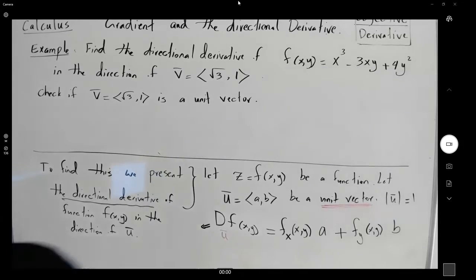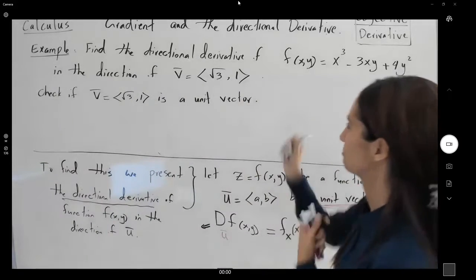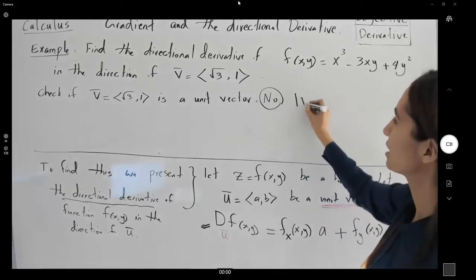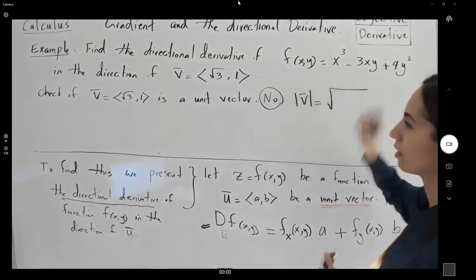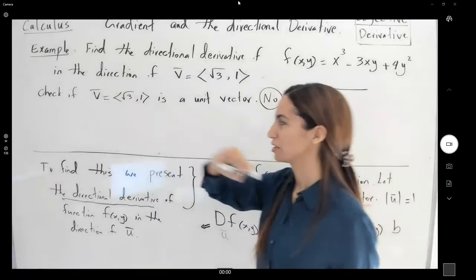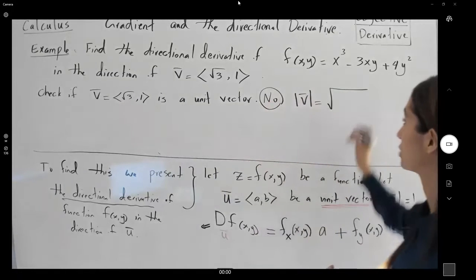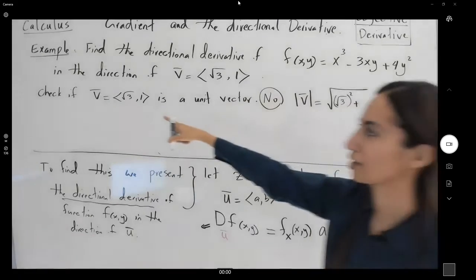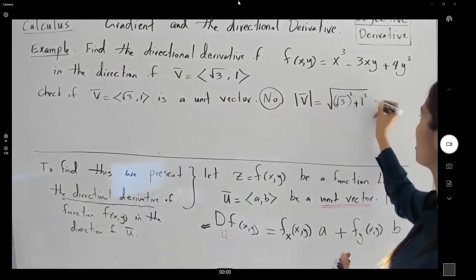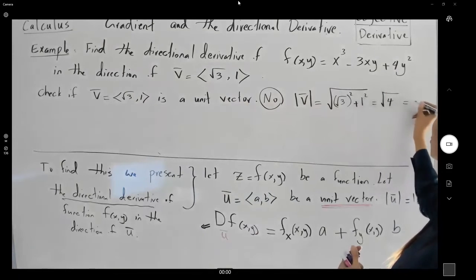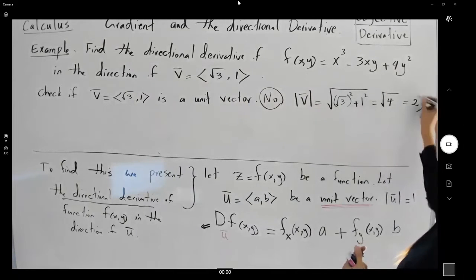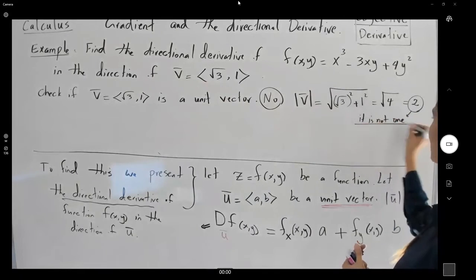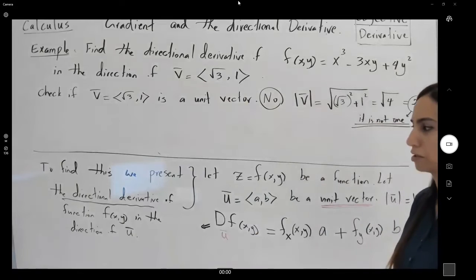Very well. So this guy is not a unit vector. Why is that? The magnitude of this vector is equal to the square root of the first component raised to the second, so square root of 3 squared, plus the second component raised to the second power, which is square root of 4, which is 2. It is not 1. It's not a unit vector.